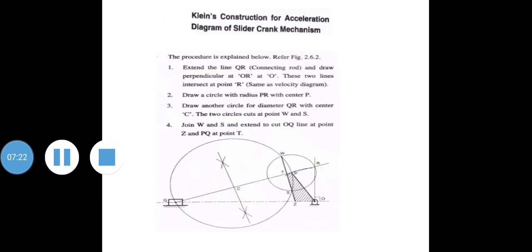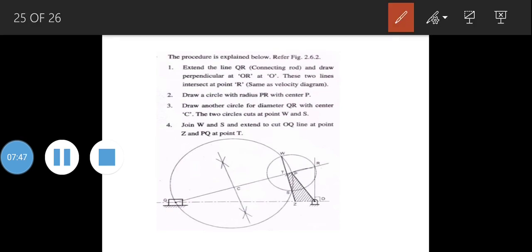Apart from this, how can we construct the acceleration diagram of a slider crank mechanism? Here are the certain steps which we have to follow. First of all, we will extend the line QR, which is located over here.